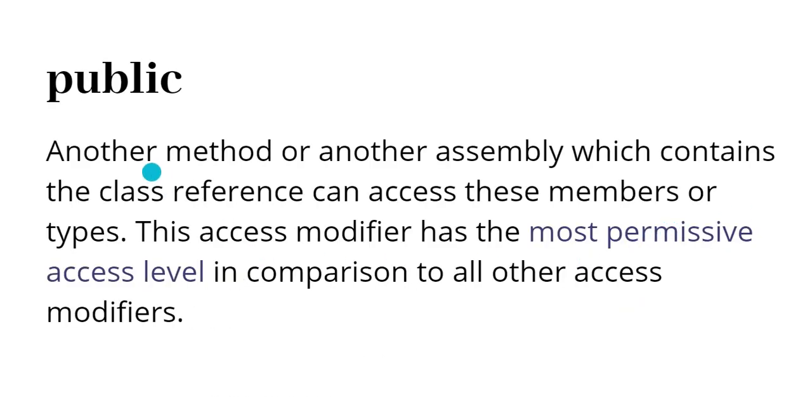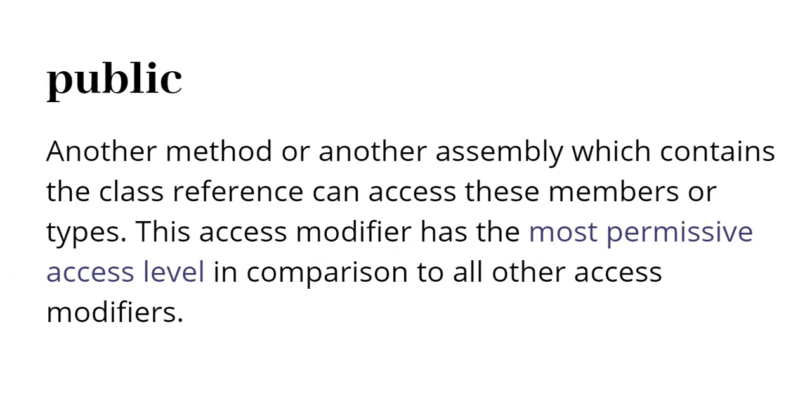So another method or another assembly which contains the class reference can access these members or types. This access modifier has the most permissive access level in comparison to all other access modifiers. So keep in mind, the most important thing is that public has the most permissive access level.